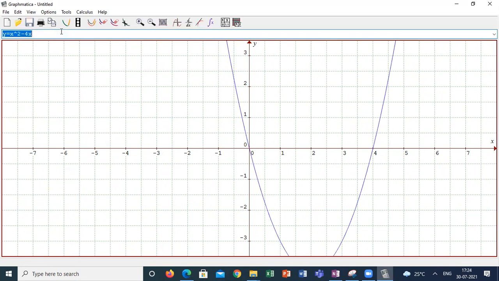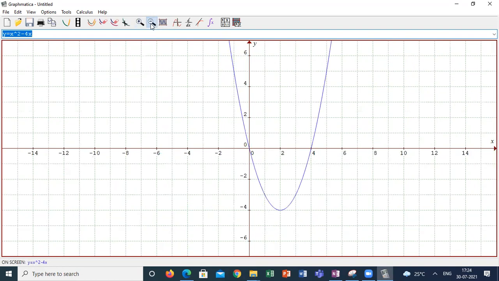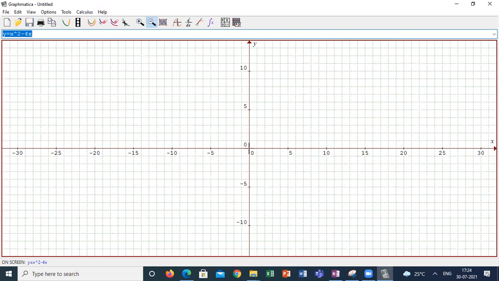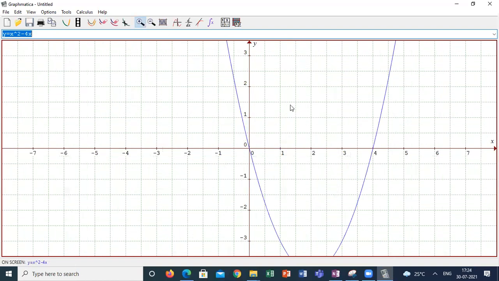See this one. Is it clear, guys, what I'm saying? Yes, sir. This is 1 point. If I keep this point, (0, 0) is 1 point. Another point is (4, 0). These are 2 different points. If I zoom in, you can see the coordinates.